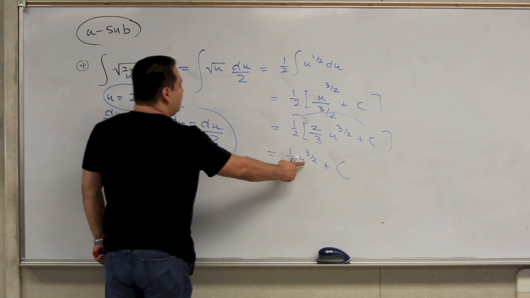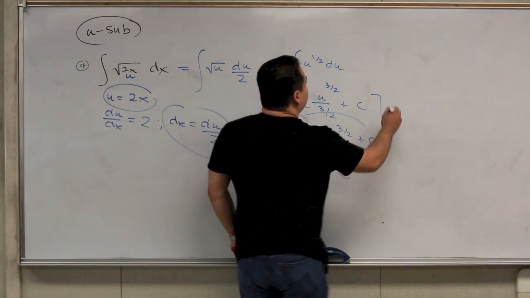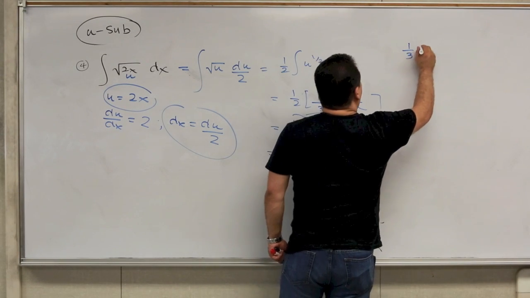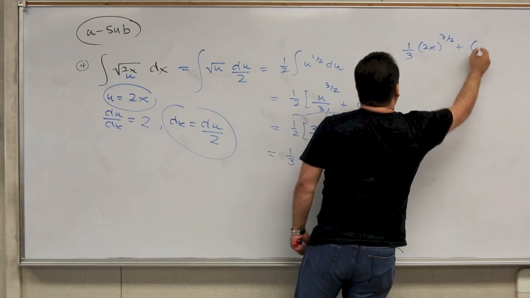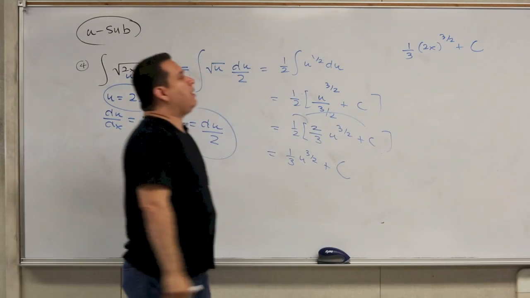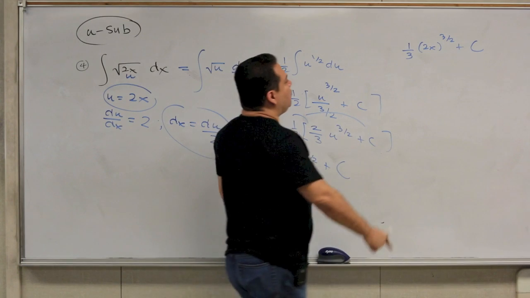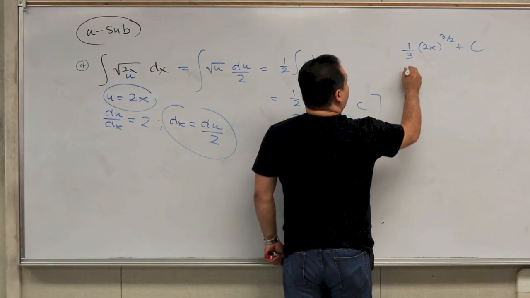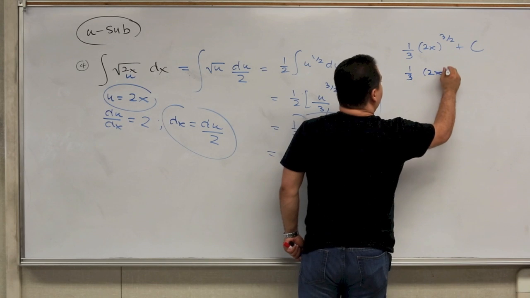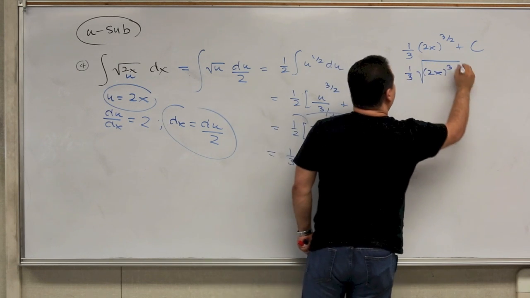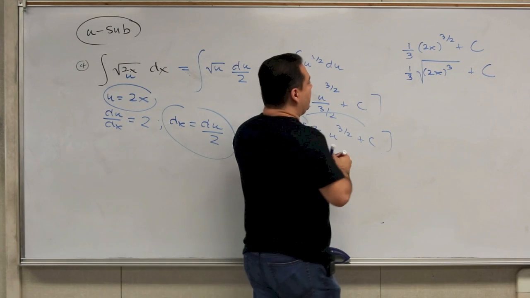We're almost done. We just have to know what u is, right? What is u anyway? Okay, so this is 1/3 times 2x to the 3/2 power plus c. Can you simplify that in any way? What does this actually mean again? It's 1/3, maybe 2x to the 3rd power under a radical, where the index here is 2, because you're dealing with the square root.